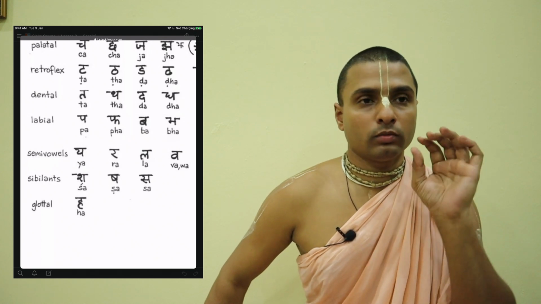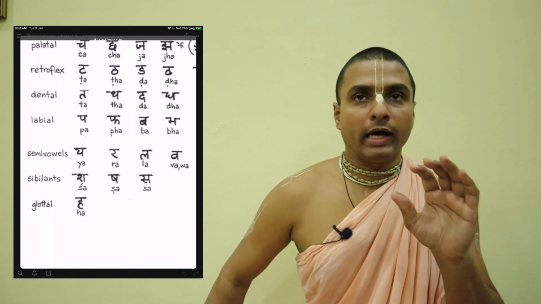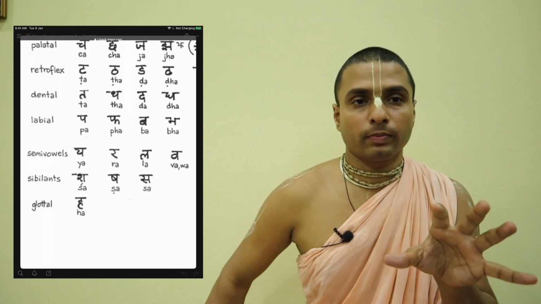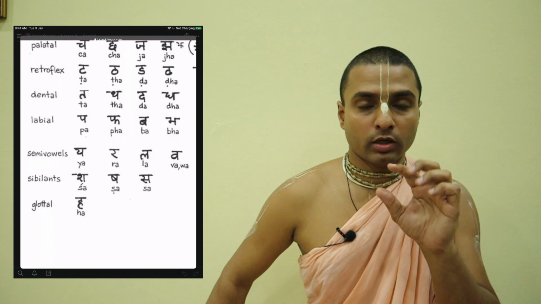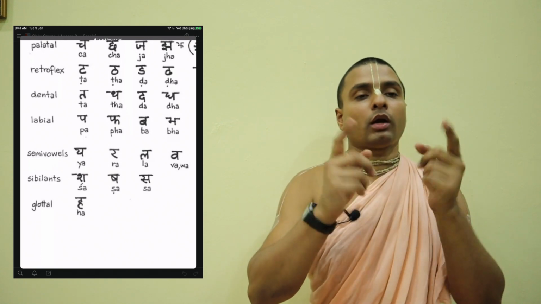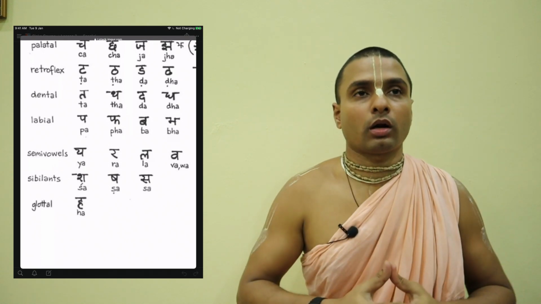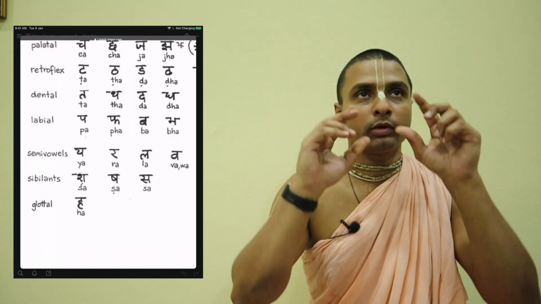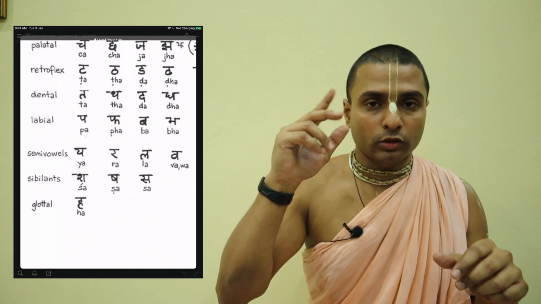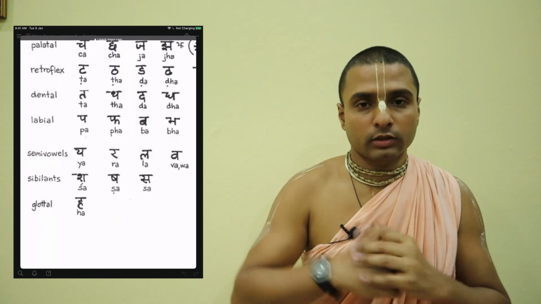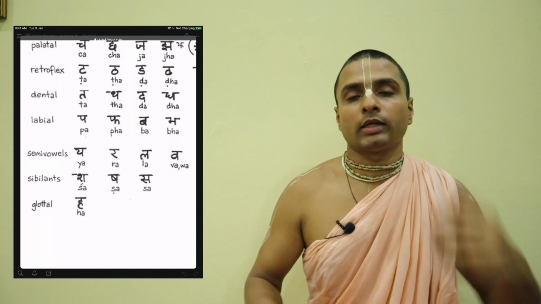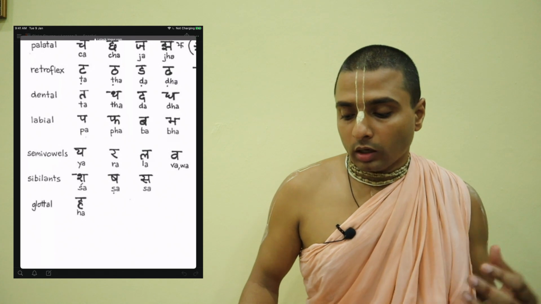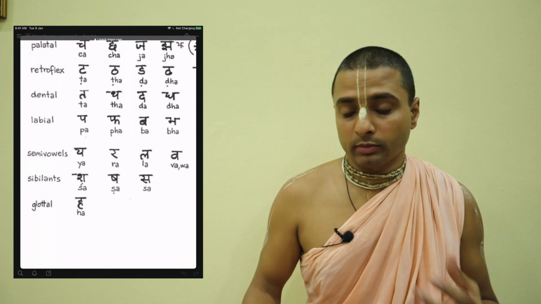A vowel is when the sound is unobstructed, and a consonant is when the sound is obstructed. But here it is kind of obstructed and also not obstructed. You are obstructing it, but still the sound is going around the tongue and out of the mouth. Because it's vibrating at the top, touching and not touching, touching and not touching, that's how it's pronounced. So ra is a semivowel.